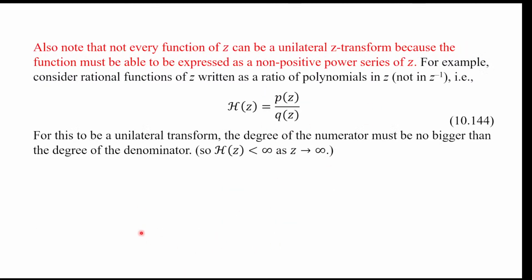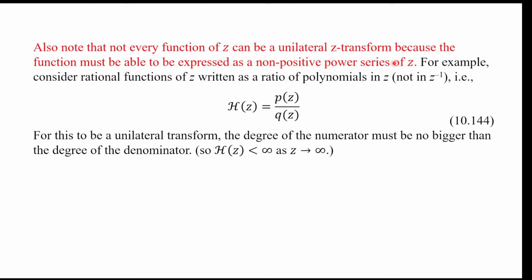Also, something interesting that happens here is that not every function of z is a unilateral Z transform. This is an important concept to remember. Because if it is a unilateral Z transform, then as a power series you always have non-positive powers of z.